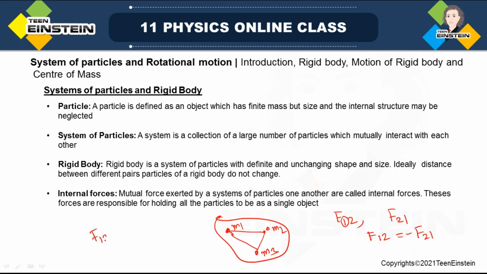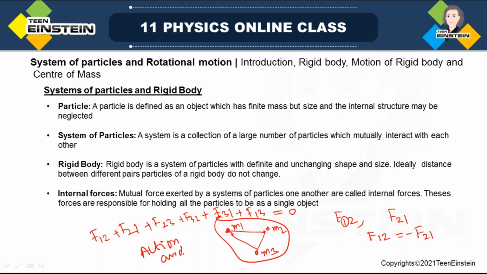If you take the sum of all internal forces, F12 plus F21 plus F23 plus F32, these are mutual forces, and F31 plus F13, the sum of these internal forces will actually be 0. The internal forces are a kind of action and reaction.